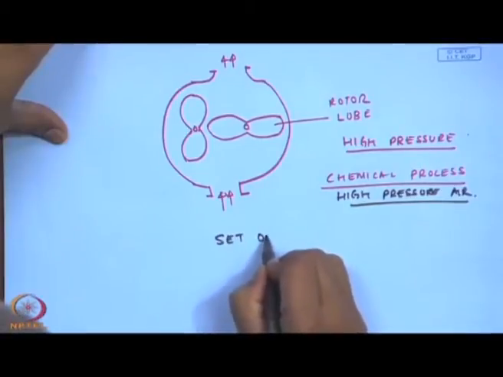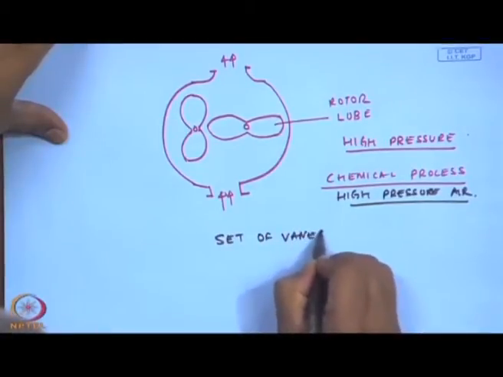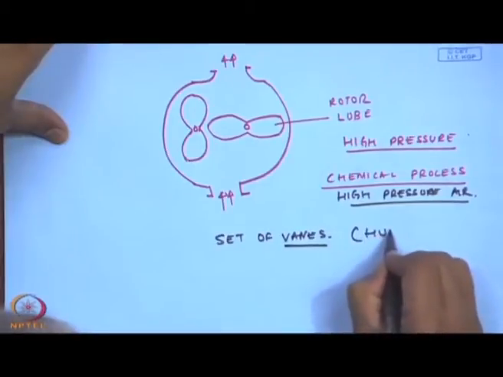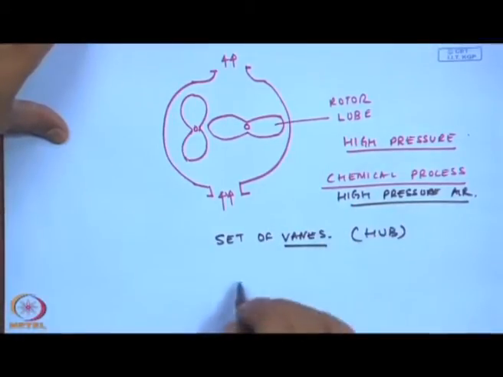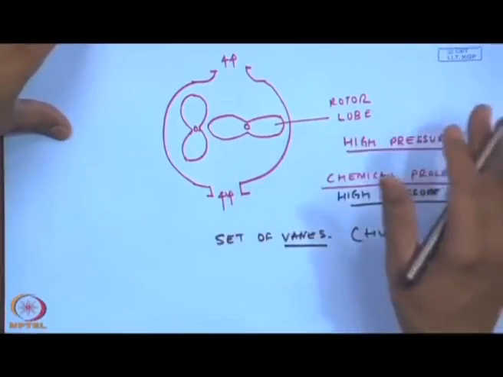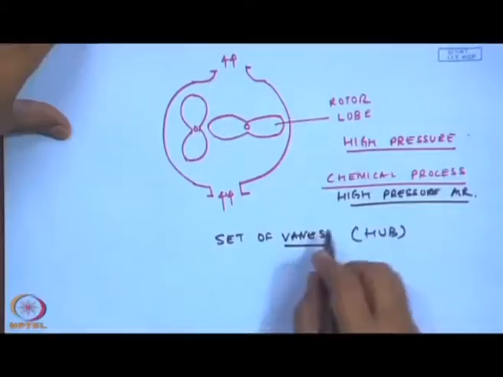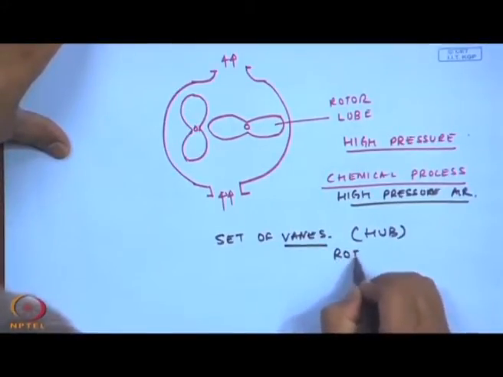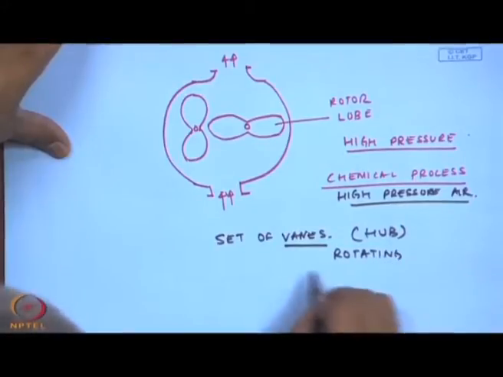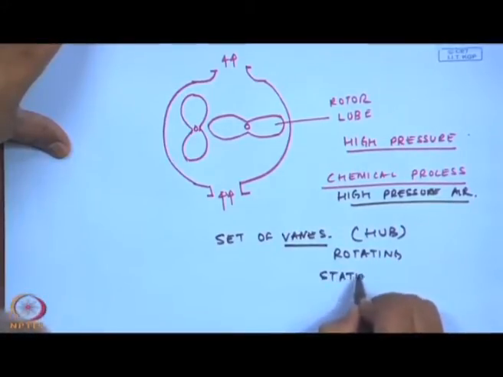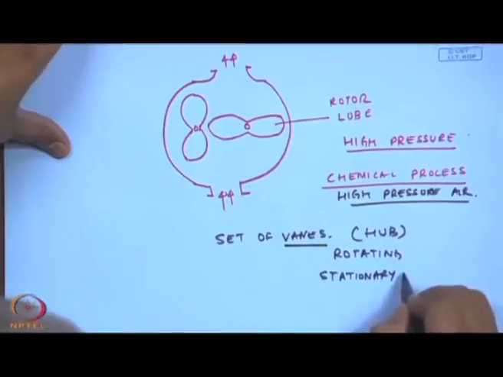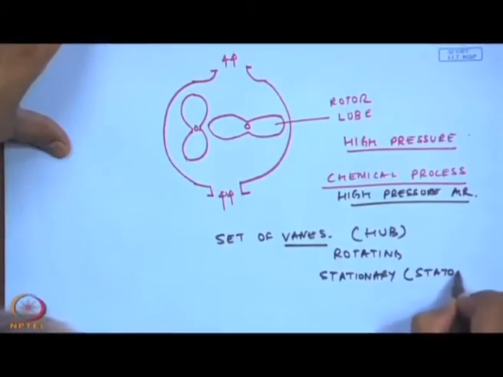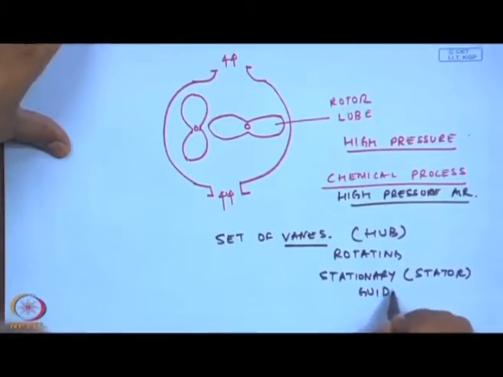these compressors have a set of vanes, which are mounted on a hub, either axially or radially, and they are set at an angle. And many times in compressors we have vanes which are rotating and vanes which are stationary, which are in the casing or the stator, and they can work as guide vanes.